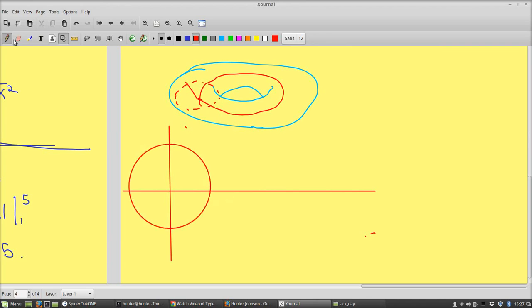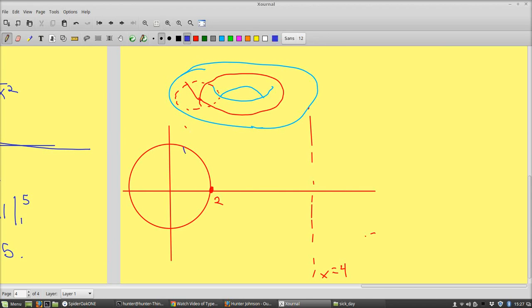They chose a circle of radius 2, and they rotated it around the line x equals 4. And that makes a torus. So we're going to figure out this problem using the method of cylindrical shells.